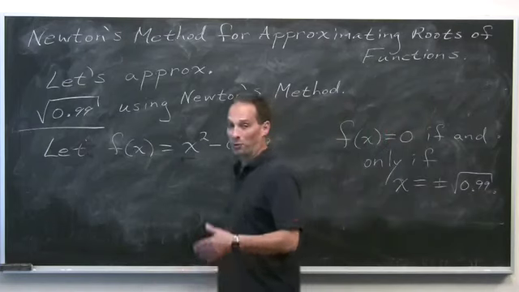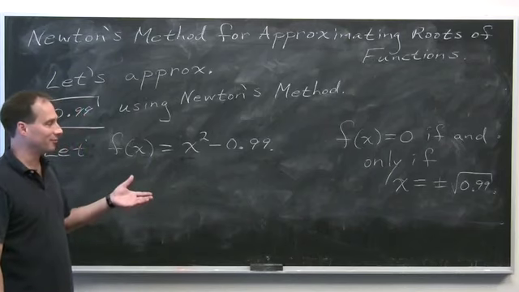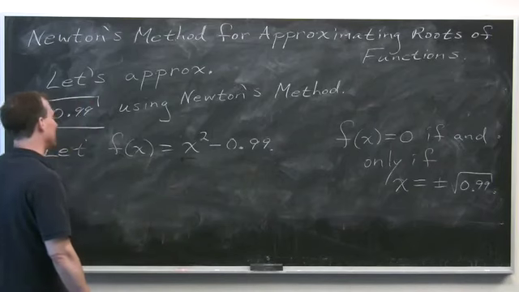And we'd like to find one of those roots. Actually, either one, or approximate either one would be fine. If it comes out negative, we could negate it to get something close to the positive square root of 0.99.